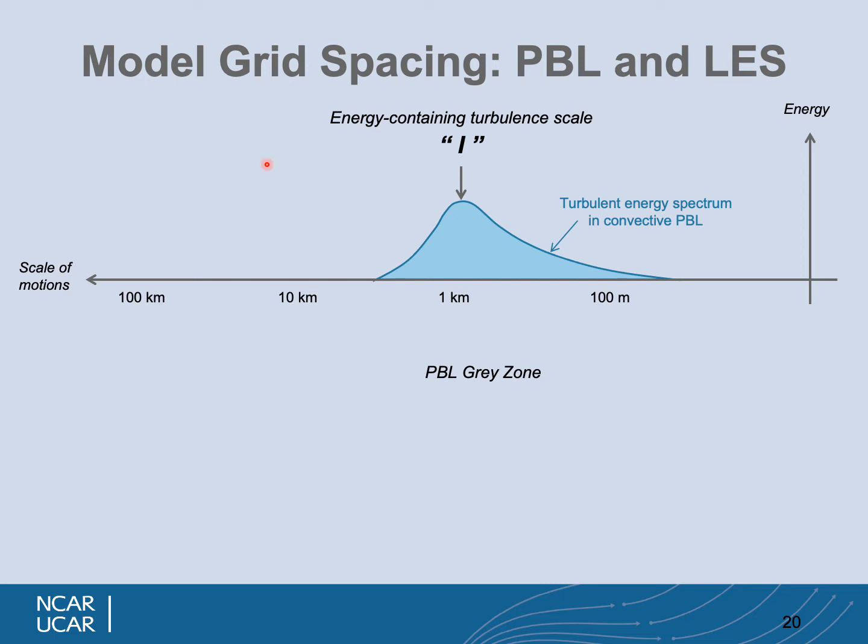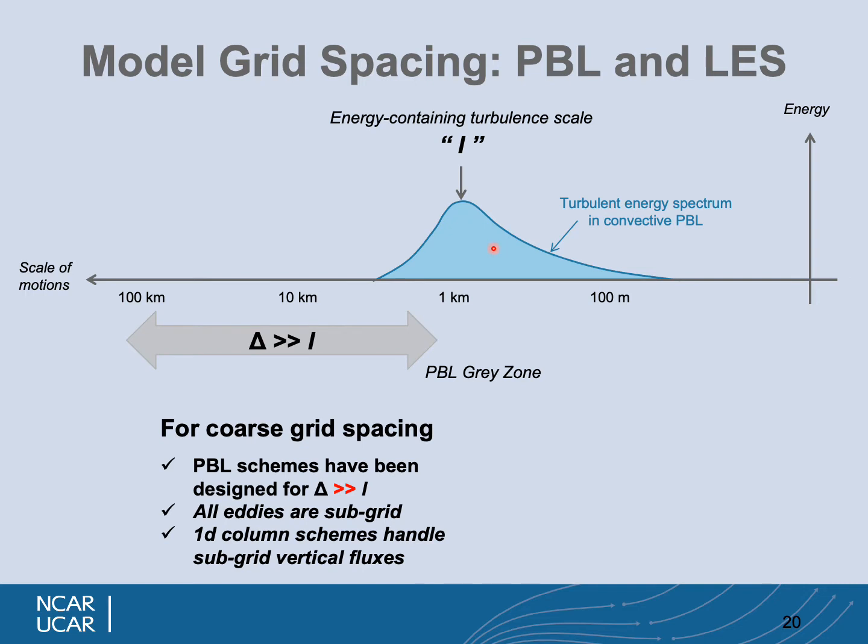The boundary layer contains a range of scales, and this impacts how you represent the eddies in the model. Typically, boundary layer eddies have scales in the range of hundreds of meters up to a kilometer, and most of the energy is in these scales. So the model resolution either resolves those scales or doesn't.